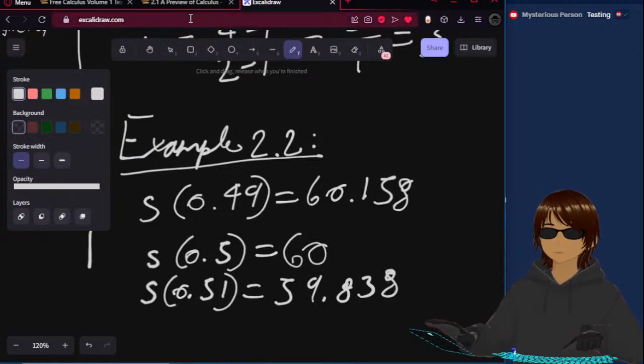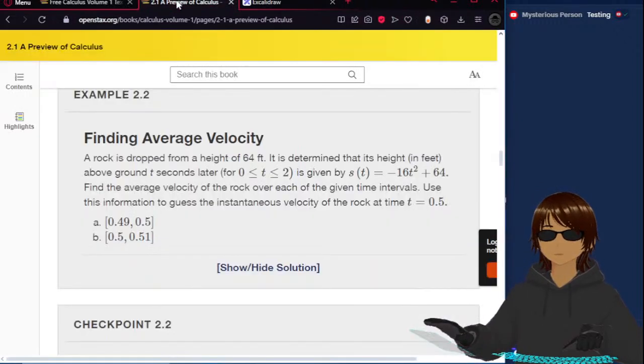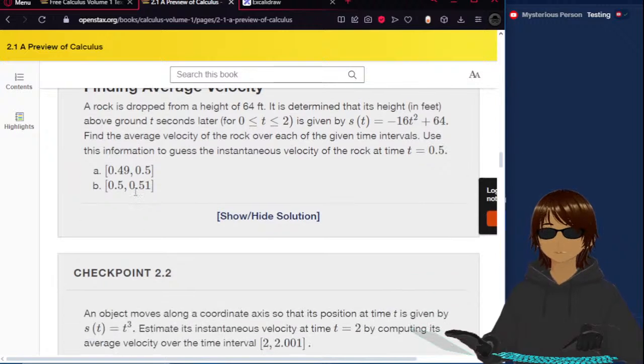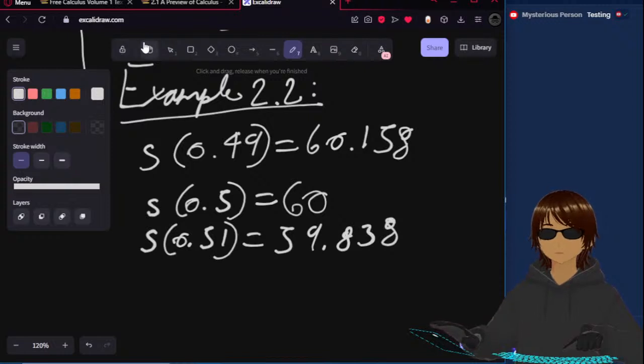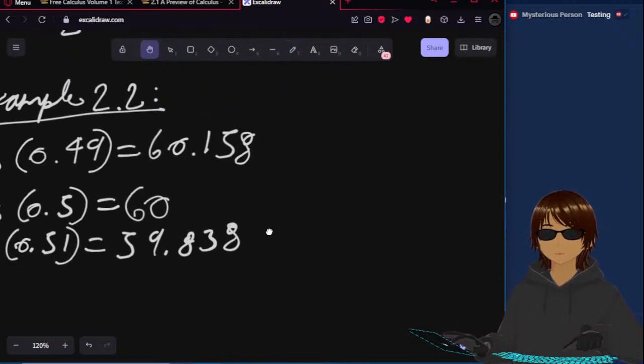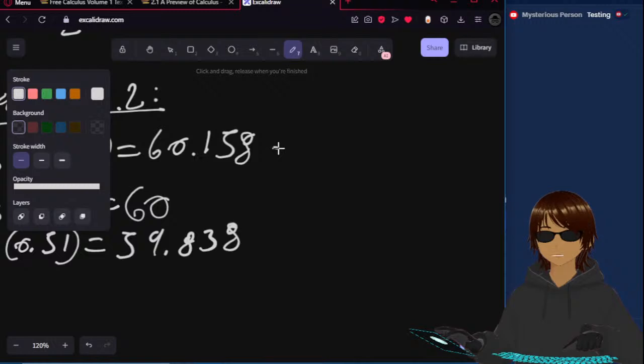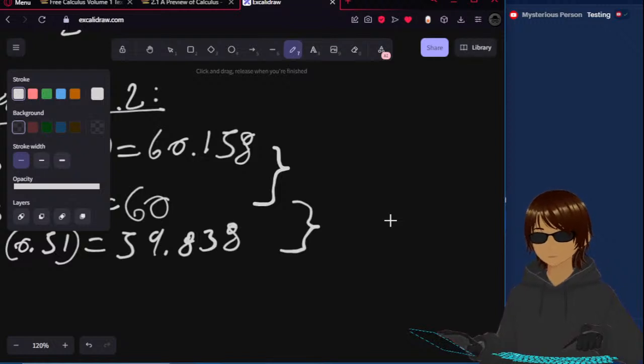Now what do I do with this? I have to find the average, I think. So the average of these two.